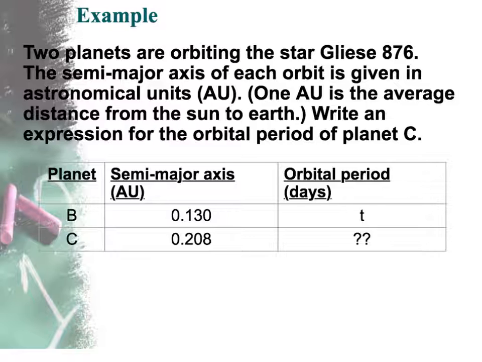And then we measure the distance of other planets relative to the sun in terms of these astronomical units.